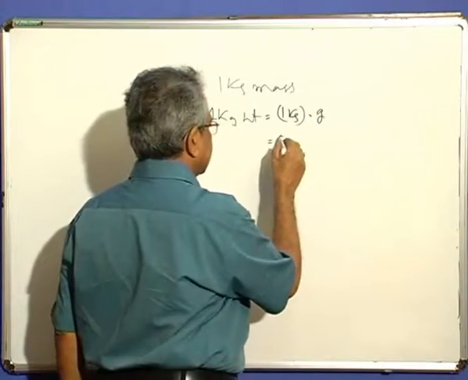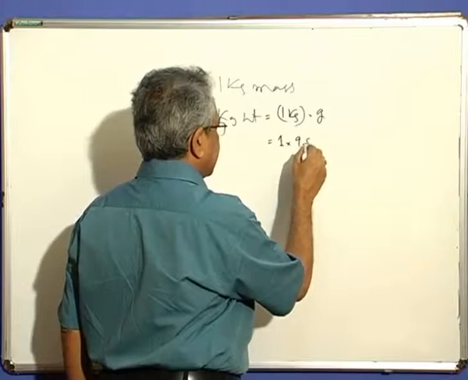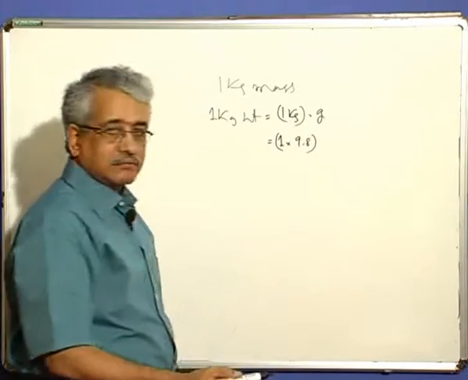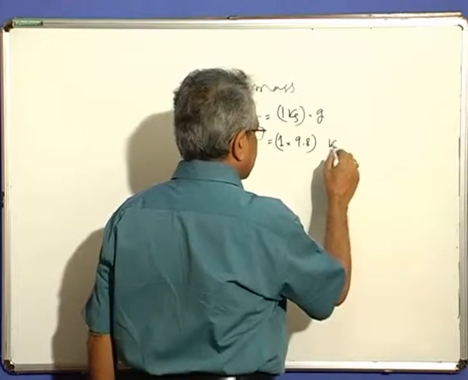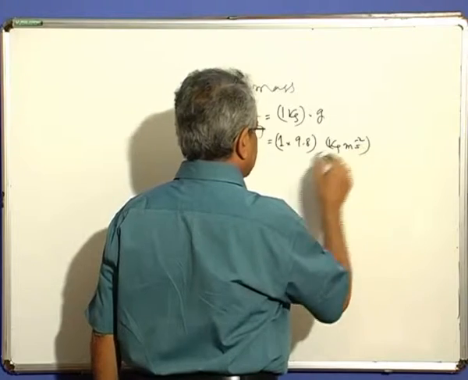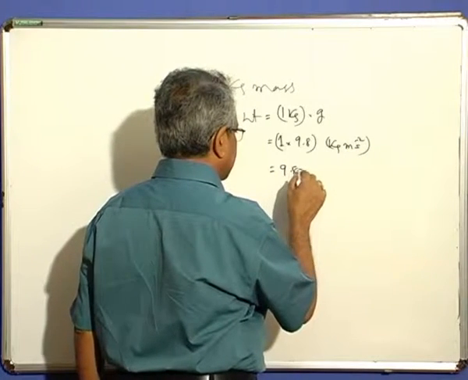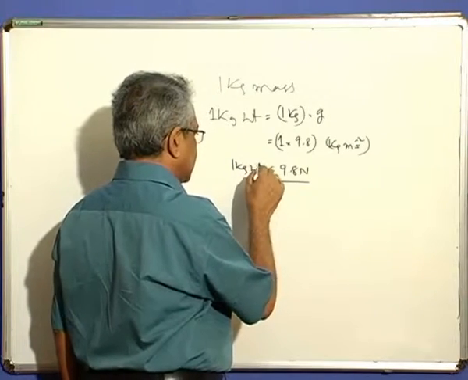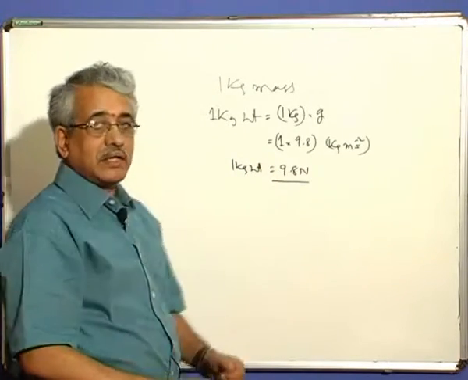If you put it like this, it is 1 into 9.8. This is kilogram, that's meter per second square. So this is kg meter per second square. That means Newton. So 9.8 Newton. So 1 kg weight means it is 9.8 Newtons.